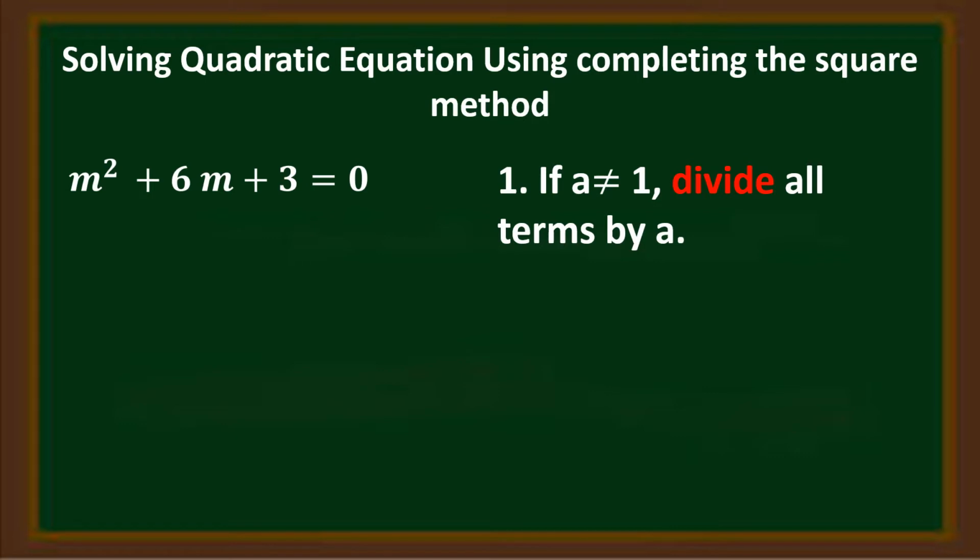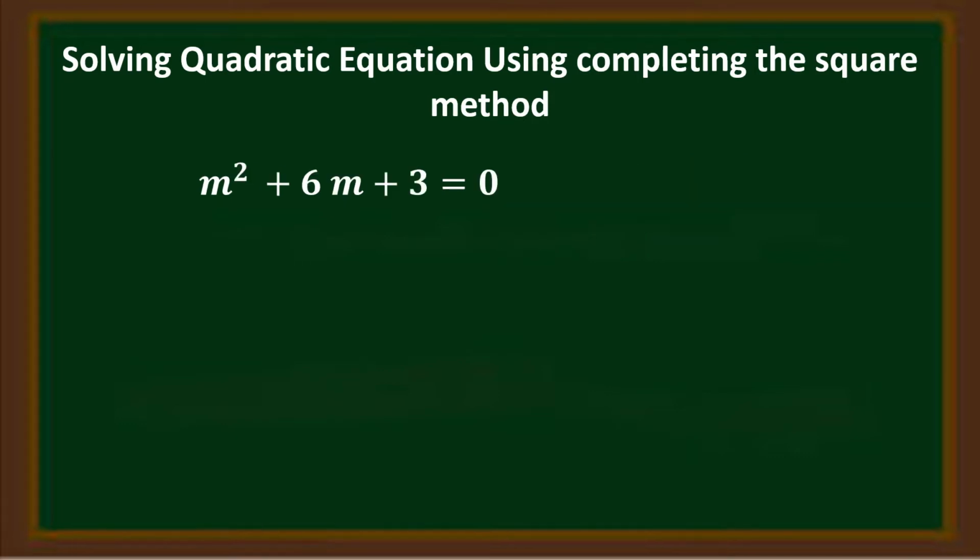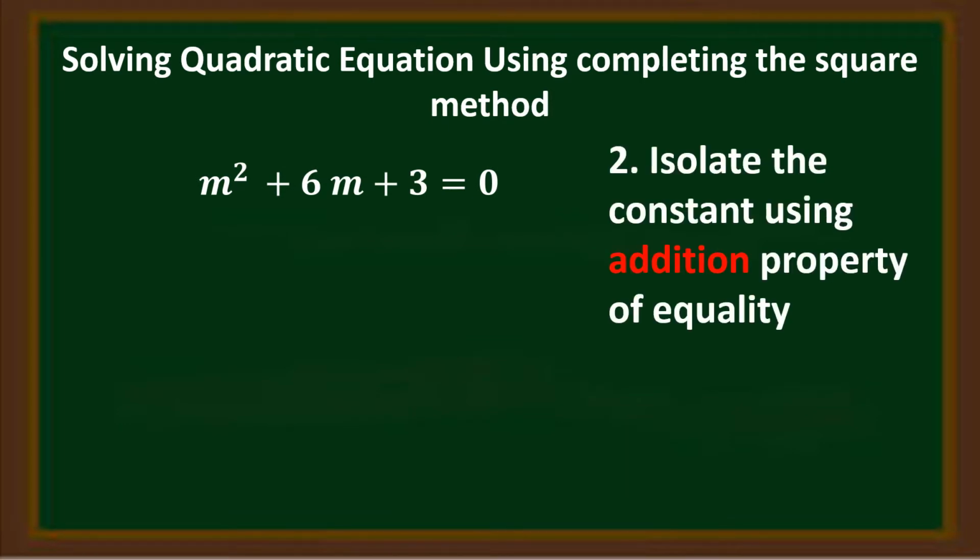We'll now proceed to step number 2, which is to isolate the constant using the addition property. In this case, our constant is 3. So we'll be getting the additive inverse of positive 3, and that is negative 3.